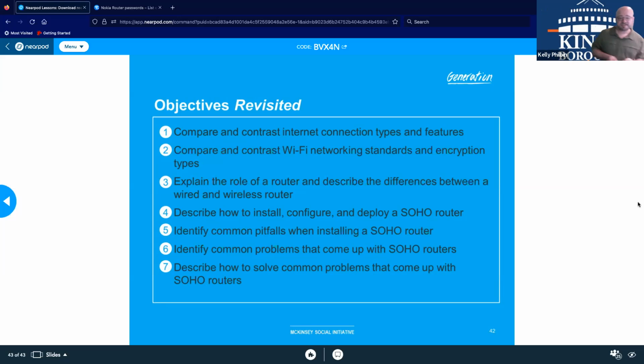Sure, Amaya, can you give me one Wi-Fi encryption standard, please? If you're talking, you're on mute. There we go. Can you repeat? Can you give me one wireless encryption standard?